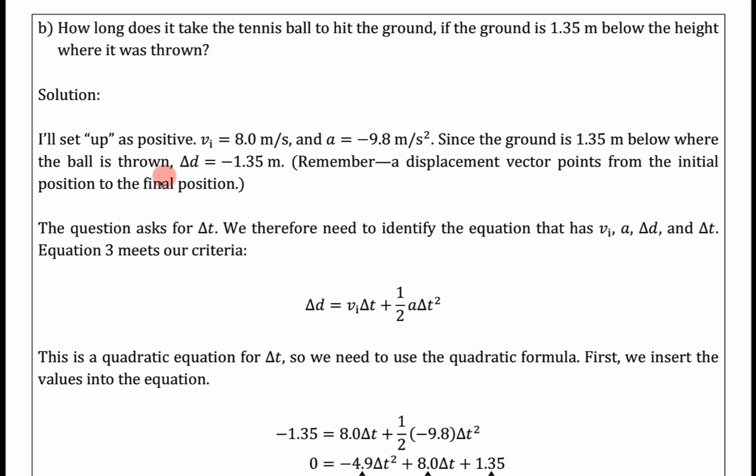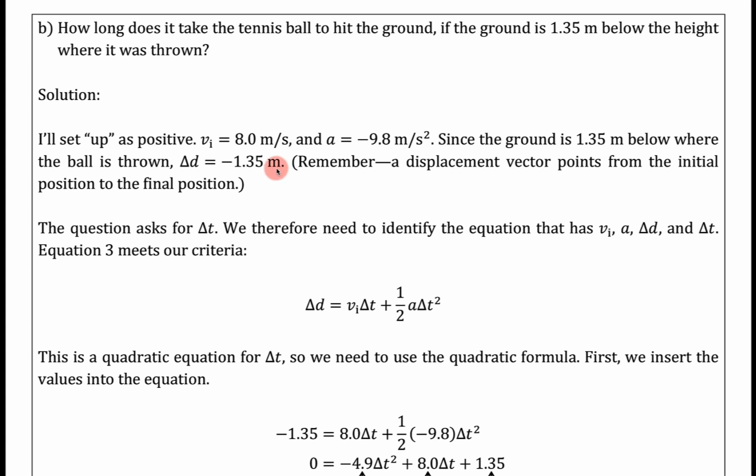So we're going to set up as positive. Vi in the problem was positive 8.0 meters per second. And the acceleration, of course, is minus 9.8 meters per second squared. We can also write that delta D is minus 1.35 meters.